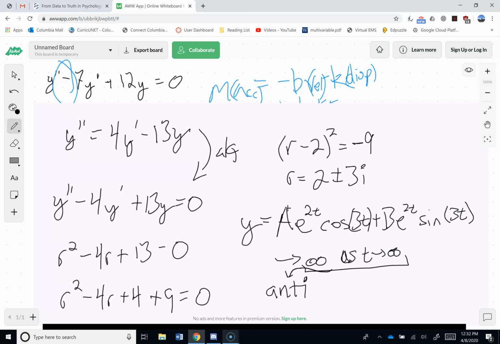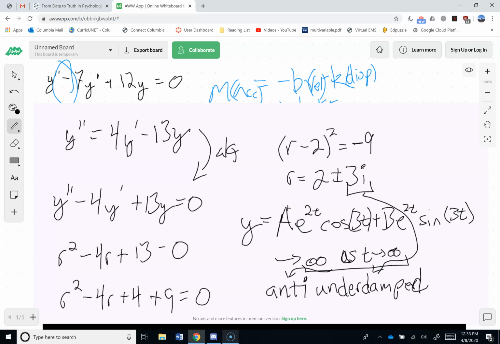And then because of the fact that I got complex numbers in there with a real part, this is anti-underdamped. So the first one was anti-overdamped. This is anti-underdamped.